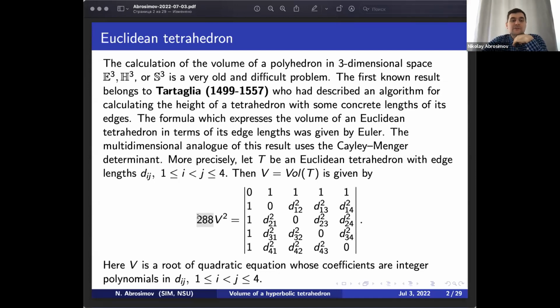And the constant here on the left depends on the dimension of the space. Okay, thank you. And it increases very, very fast.